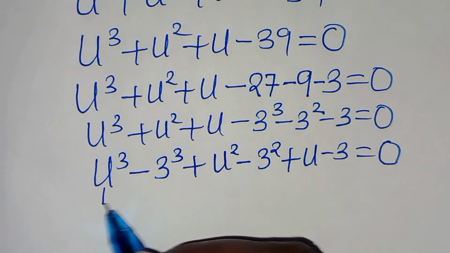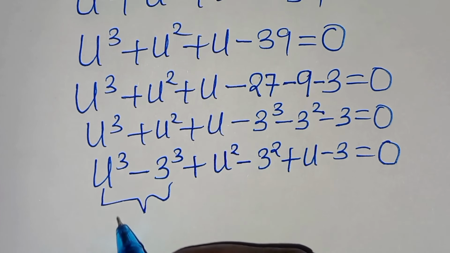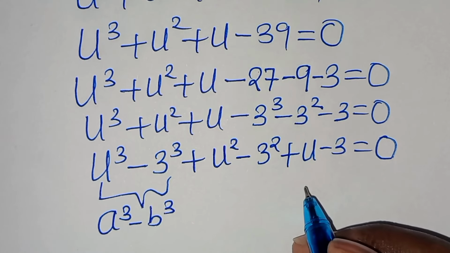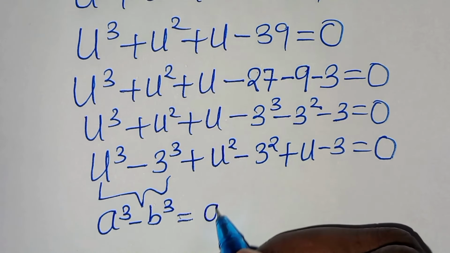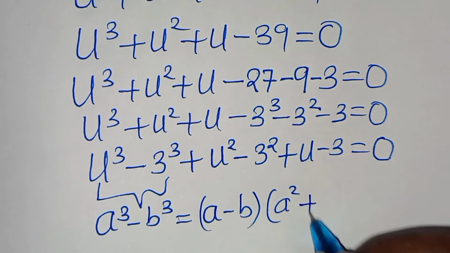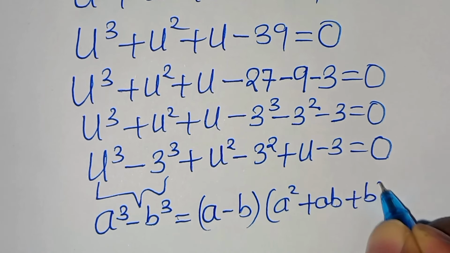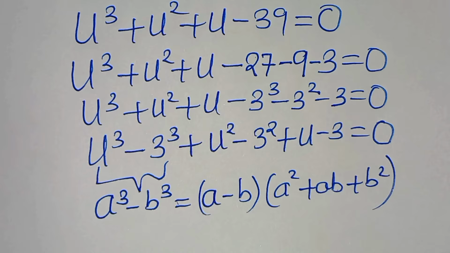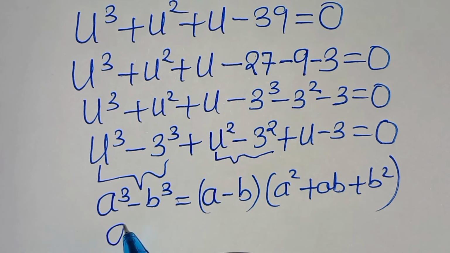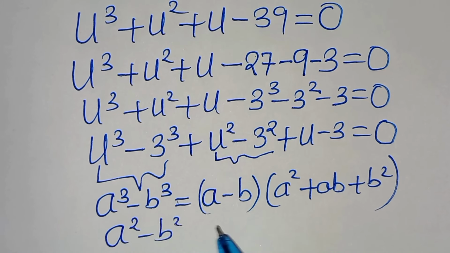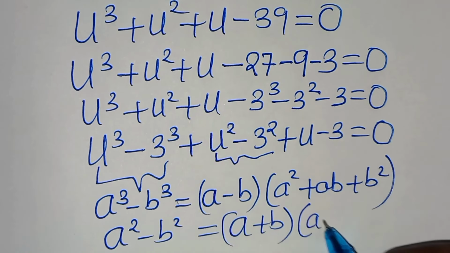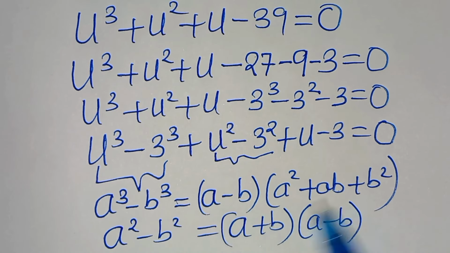Now, the first part here is the difference of two cubes, expressed as a to the power of 3 minus b to the power of 3, which we can express as a minus b, then we have a squared plus ab plus b squared. The second part here is the difference of two squares that we can express as a squared minus b squared, that is a plus b, a minus b. So let's apply these two identities.